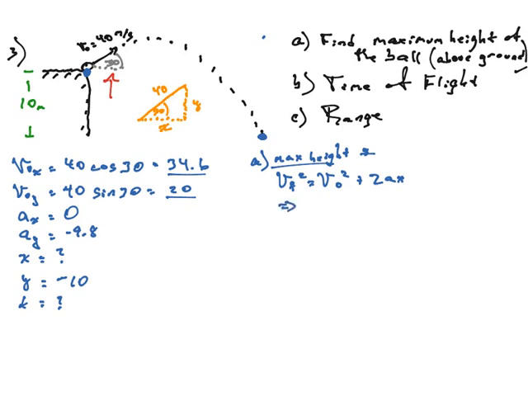Once I have that, then this is easy. This is 0 equals initial velocity y, 20, squared plus 2 times acceleration in y, negative 9.8, times my y distance. Now notice, this is a y distance, and over here with my information I have a y distance already plugged in, negative 10. But that's a different y distance.